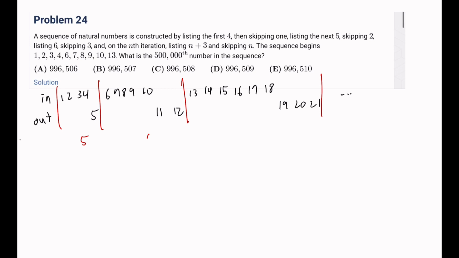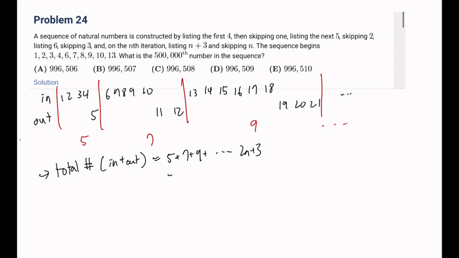So this would be 5, 7, 9, etc. And so the total number of numbers in both in and out would be 5, 7, 9, all the way to 2n plus 3, right?